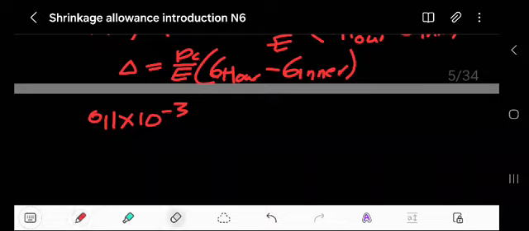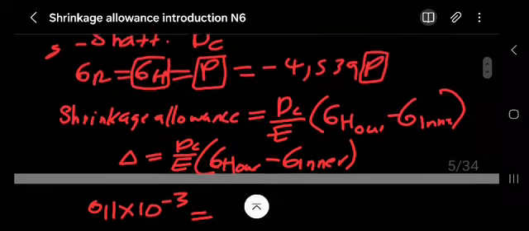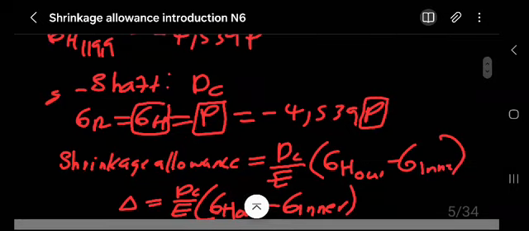So it's equal to the common diameter. What will be the common diameter? Check it out. We cannot just round off this. Why?